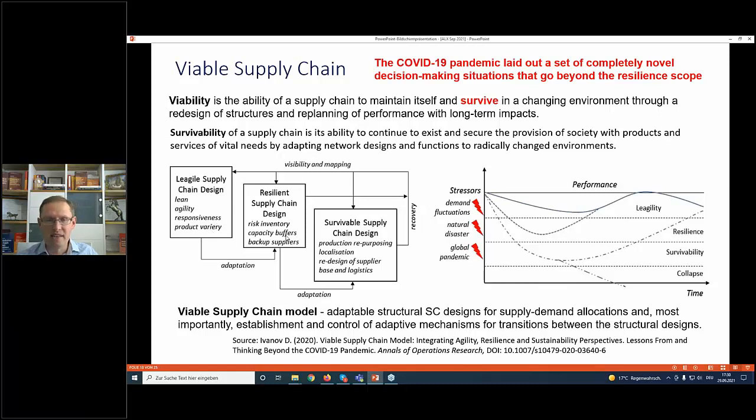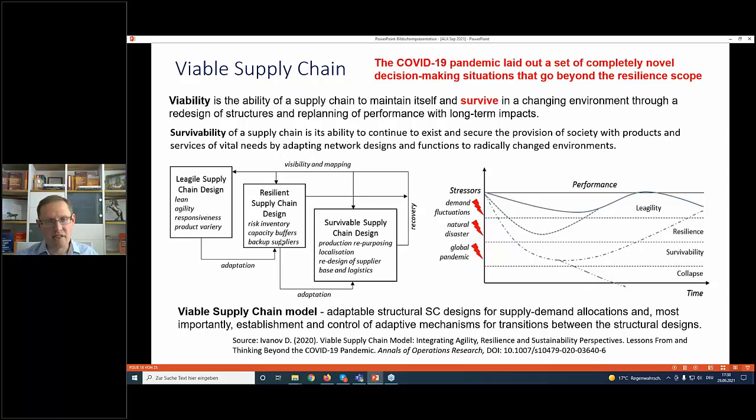Right? So, lean supply chain design is used at the time of growth, at the time of prosperity, when economies grow, when we have a stable situation, we should make the most of the cost efficiency and responsiveness to get higher profits.